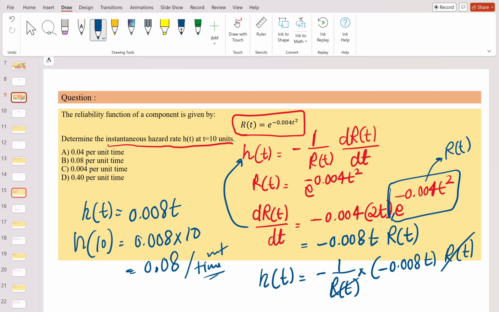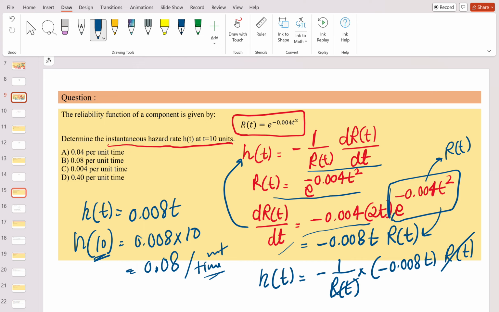So H(t) is equal to minus 1 upon R(t) dR(t) by dt. The R(t) equation is e to the power minus 0.004 t square. We solved dR(t) and fitted the value here, and then put the time equal to 10, and we are able to find the instantaneous hazard rate at t equal to 10 units.